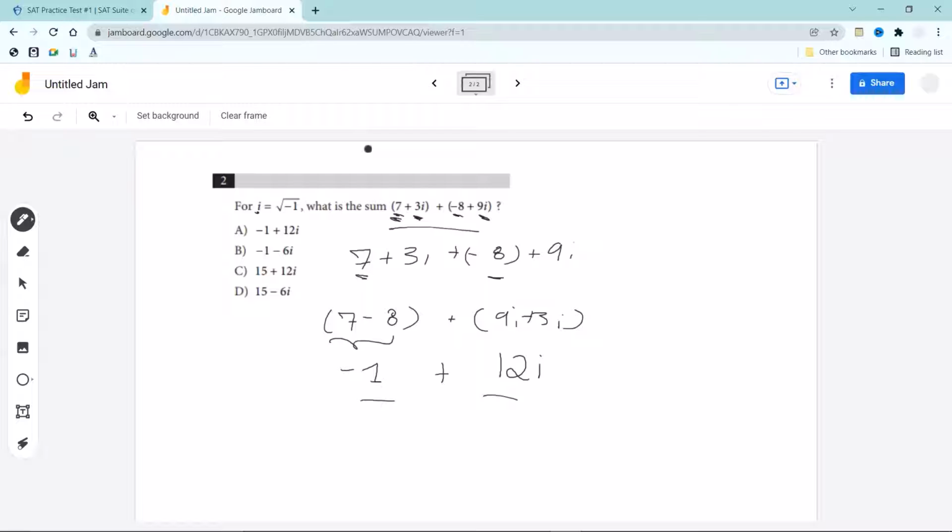And as I said in the beginning, with these numbers involving i, where i is the square root of -1, we have our real part, our real number, on this side, and then our part involving i, which is typically called the imaginary part. So our answer is therefore A. Great.